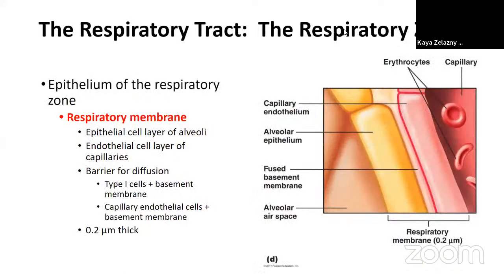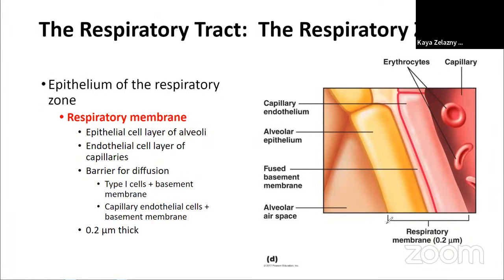So zooming in even farther, once we're thinking about a gas particle, we're going to be thinking about it as going across the respiratory membrane. The respiratory membrane consists of the alveolar epithelium, those type 1 alveolar cells, that's our epithelial cell layer.